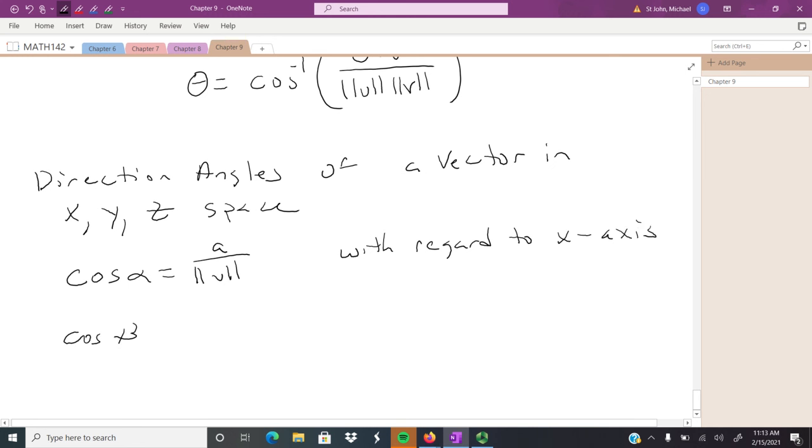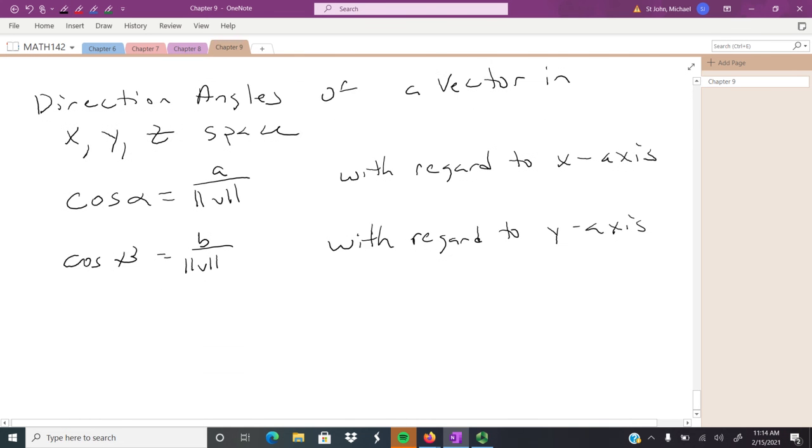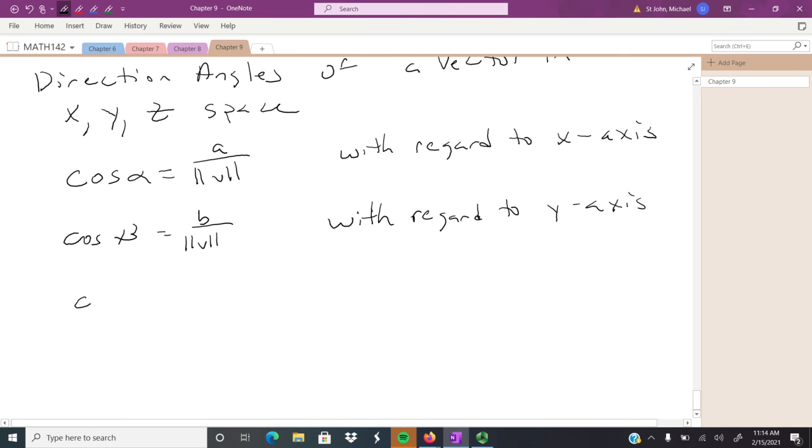Cosine beta is given by b over the magnitude of v. So this is with regards to the y-axis. And then cosine of gamma is c over the magnitude of v, and this is with regards to the z-axis.